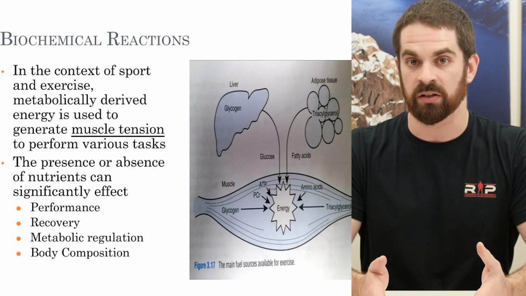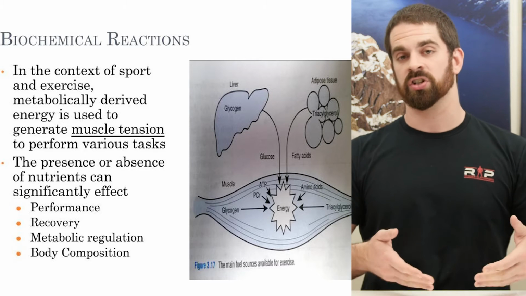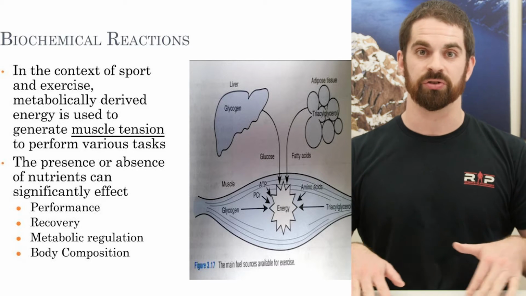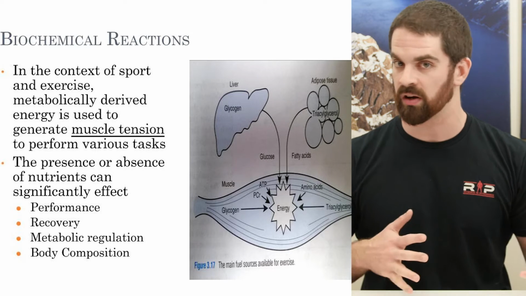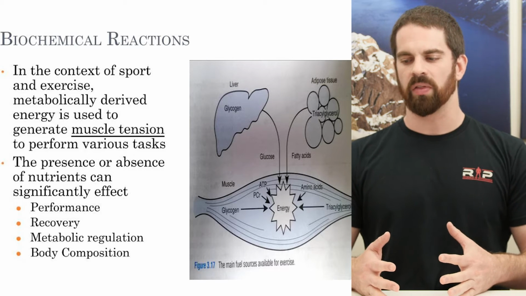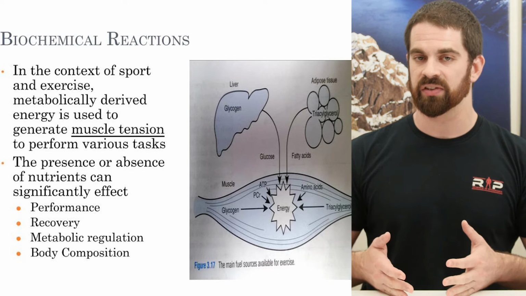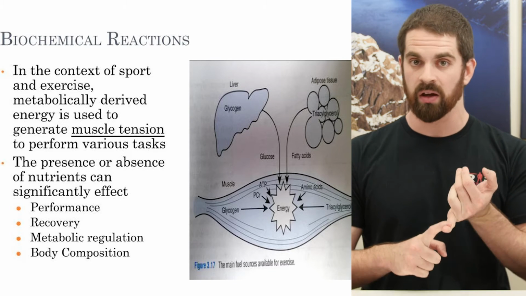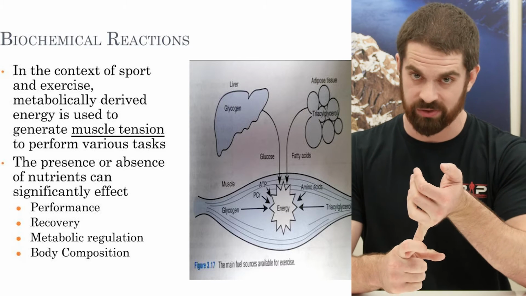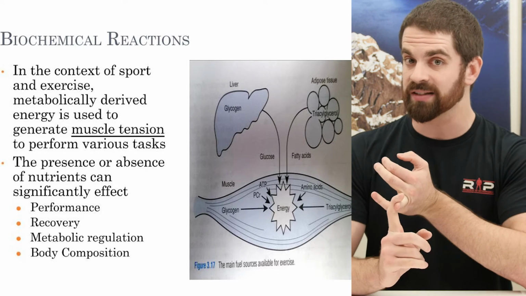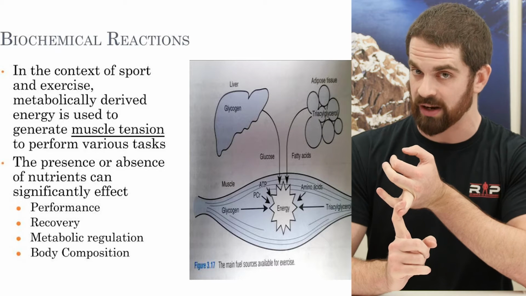So the energy that we consume from foodstuffs is used to generate tension in the muscle, which is used to do exercise, sport, and various other tasks, right? So we know that the presence or absence in some cases of nutrients will have a significant effect on your ability to perform well, whether it's a sport performance context or an exercise performance context. They'll have a direct effect on your ability to recover from exercise.